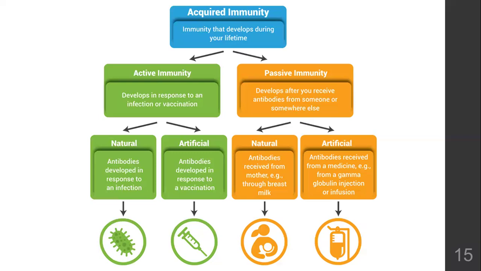When you are meeting with an infection, that is a natural way for your body to learn. But when you are injecting yourself with vaccines, that is an artificial way for your body to make antibodies. Both are right, both are required. Vaccines are also required for society in general.